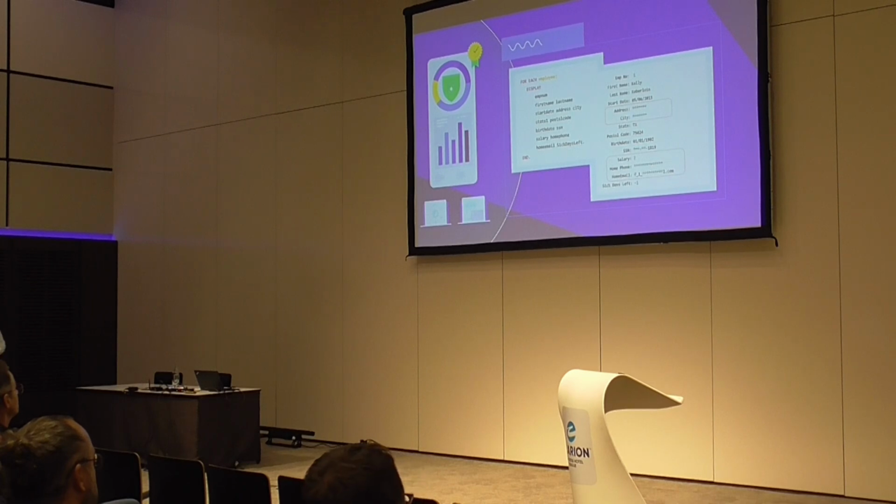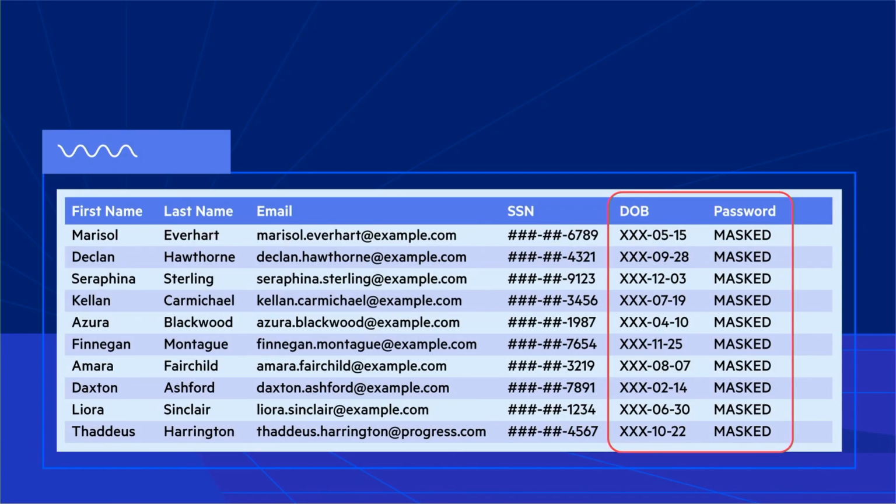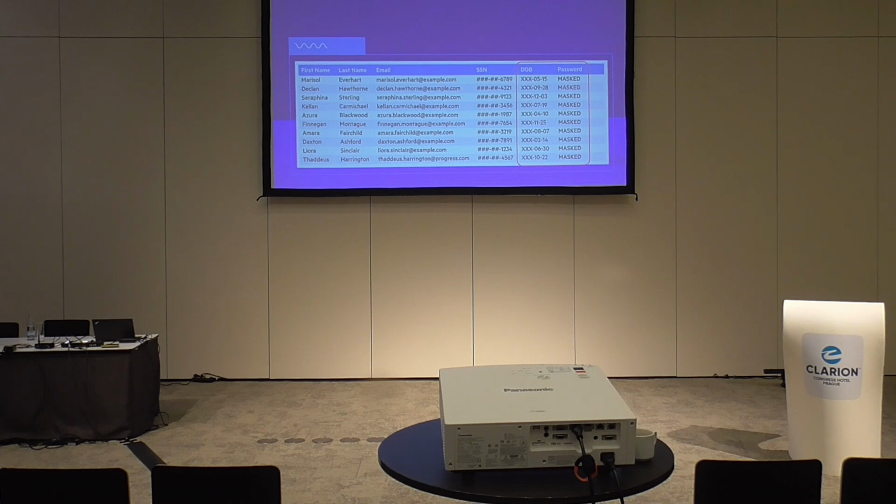The same applies at the SQL client. A DBA can run a SQL command, select star on a table. But if that DBA is not allowed to see sensitive information, for example a social security number, password, or date of birth, those fields will be masked in the query results.